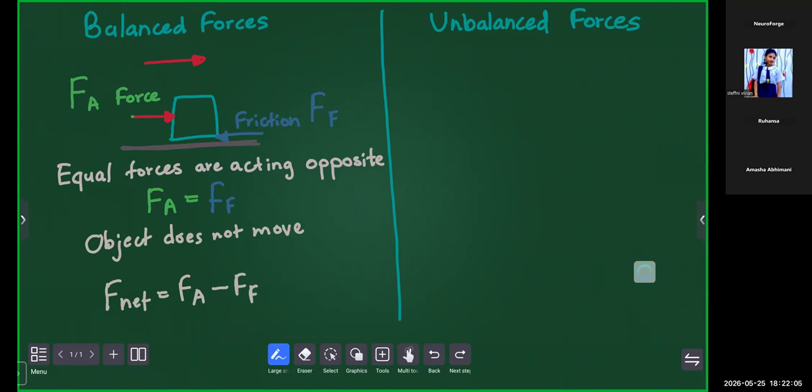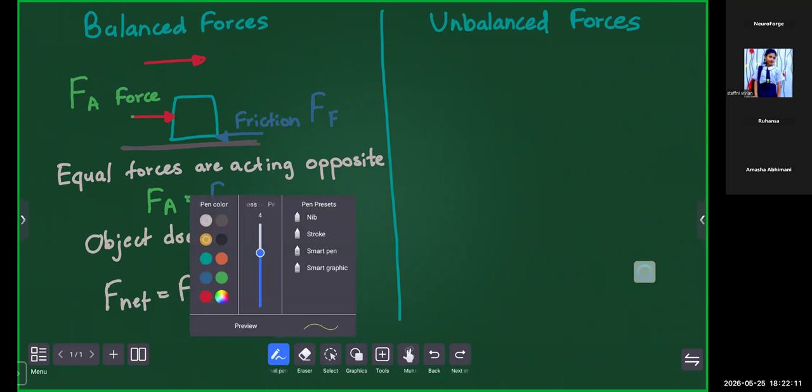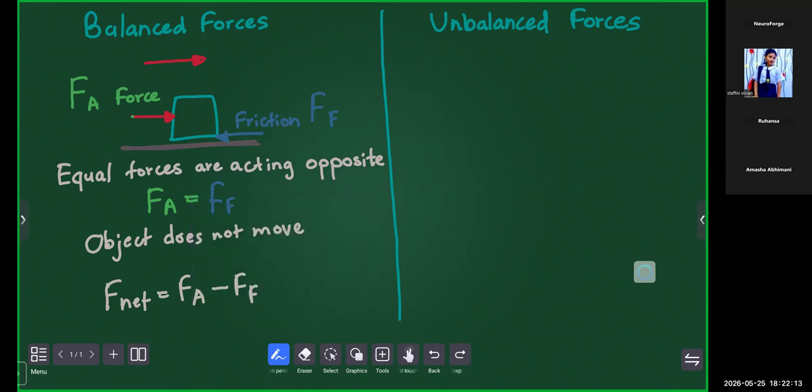FA means the force we applied. In Sinhala we call it Shuddha Bala, the difference between the opposite sides. FA this side, FF this side.